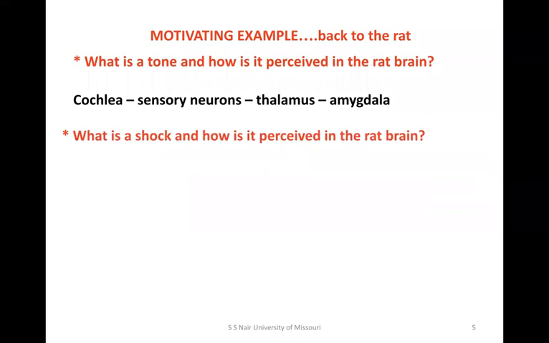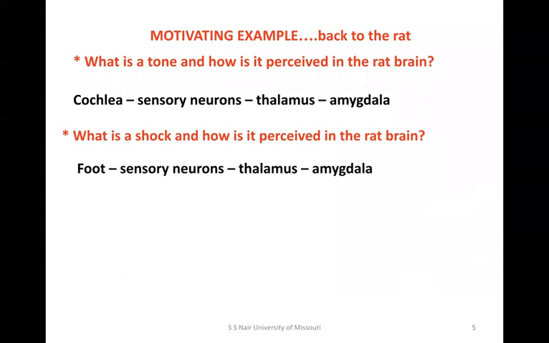Well, the shock signal reaches the amygdala starting at the paws or feet of the rodent, and the sensory neurons in the foot pick up the shock and fire, sending a signal to the pain thalamus, which is a subdivision of the same thalamus that we had discussed with auditory, but this is a subdivision for pain signals. And the neuron in the thalamus then fires and conveys the signal to the amygdala neuron.